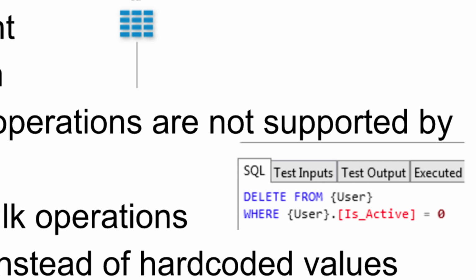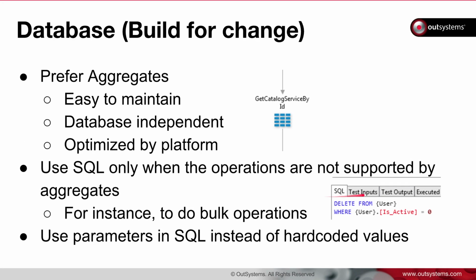If you use the previous technique of finding all rows with an aggregate and then using the delete action to delete each row at a time, then multiple delete SQL commands would need to be sent to the database server, which is much slower.